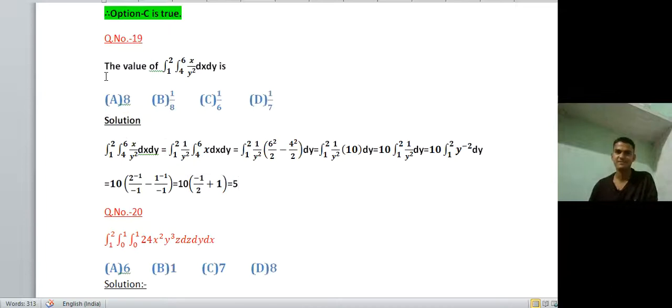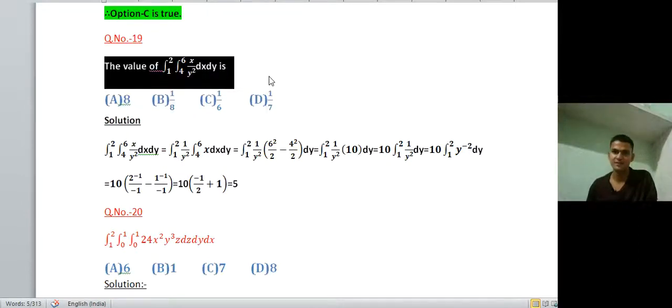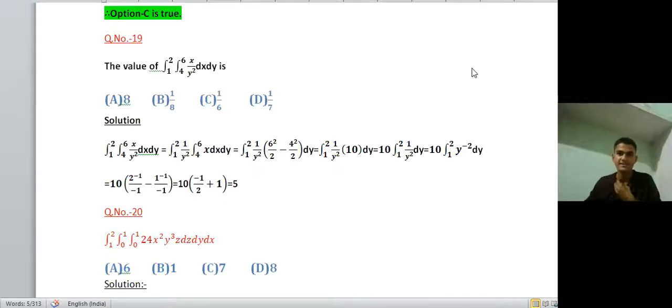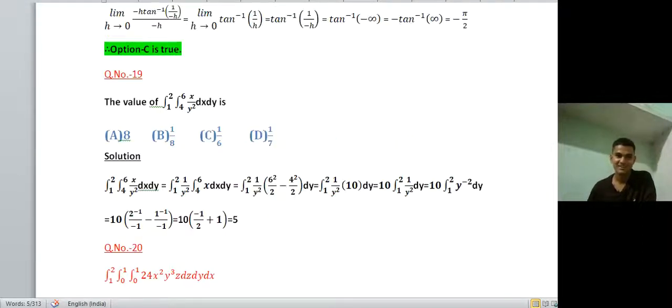This is a very simple question of double integration, and no doubt it is simple, but this question is a little challenging for two reasons. The first reason is that it is a question that doesn't take very little time.